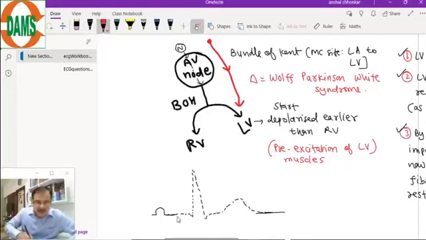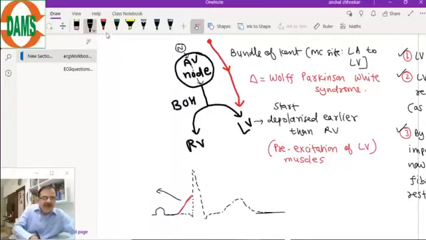So there will be a left ventricle depolarization which will be seen like this. Red one. There is a slanting wave, a depolarization wave which proceeds relatively slowly. So there will be a slanting depolarization wave, and this wave is known as the delta wave.